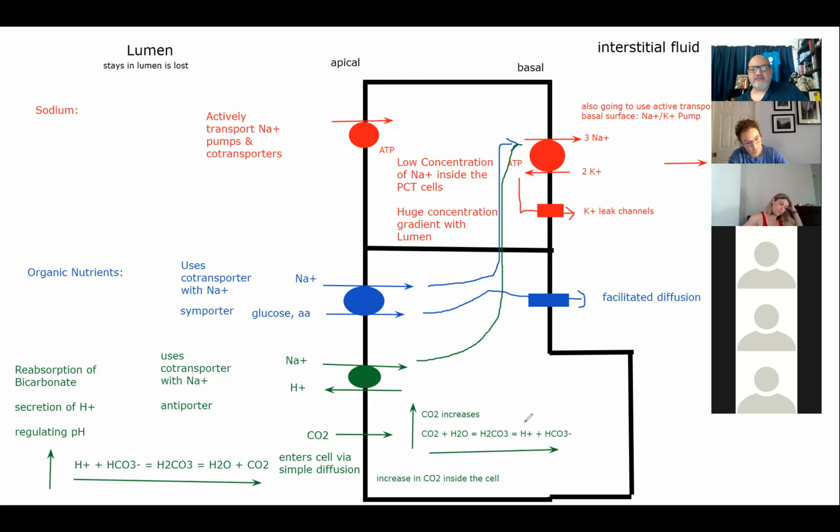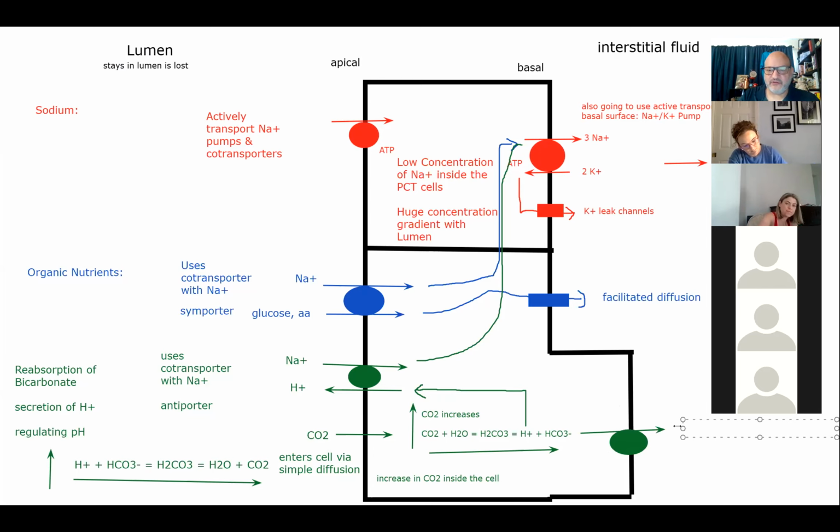Once we get hydrogen ions, we can then kick them back out of the cell again, and the process can continue. Of course, we can't let the bicarbonate build up inside this cell either, because it would start driving the chemical reaction in the other direction. So we need to kick that bicarbonate out into the interstitial fluid.